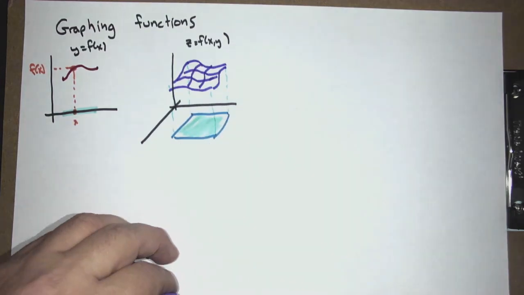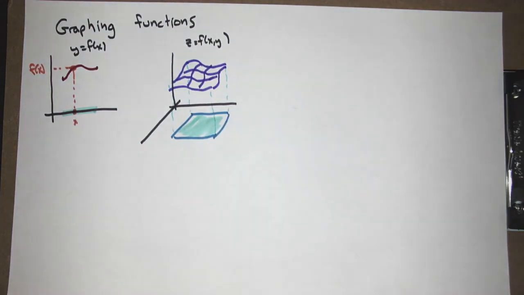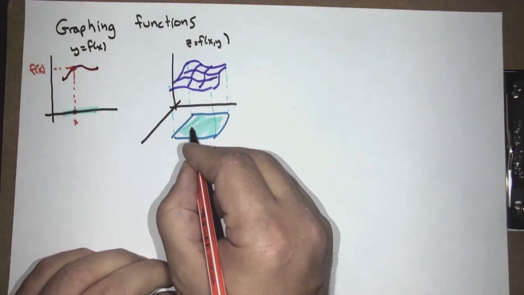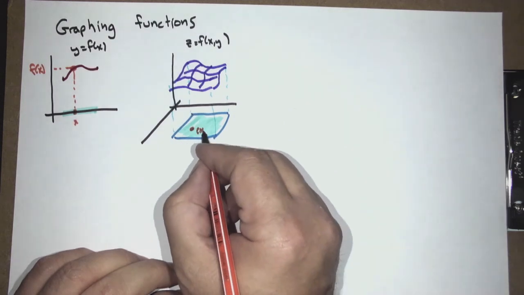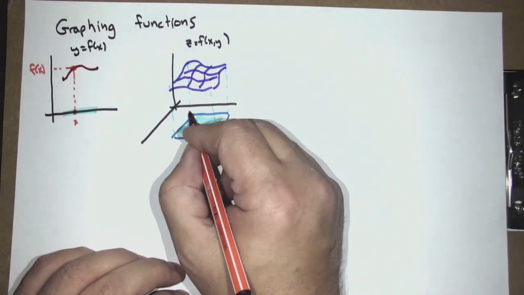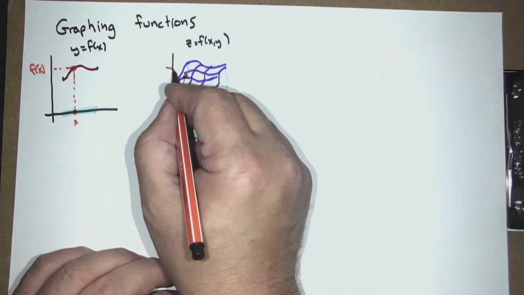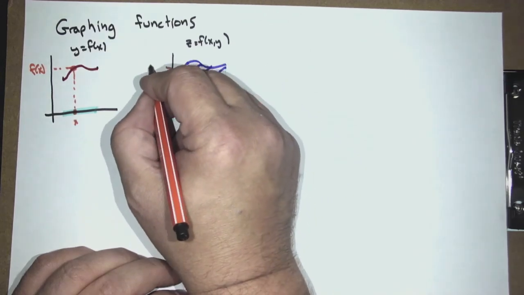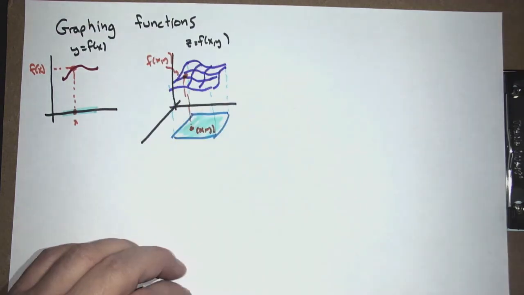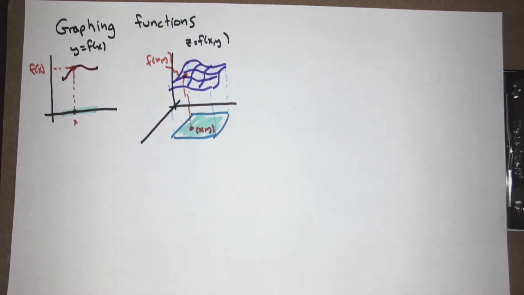So here's our surface now. For any point in our domain, here's a point x, y. We go up, and there's a corresponding point up here, and this is f of x, y. That's our z value. And we do all these points.